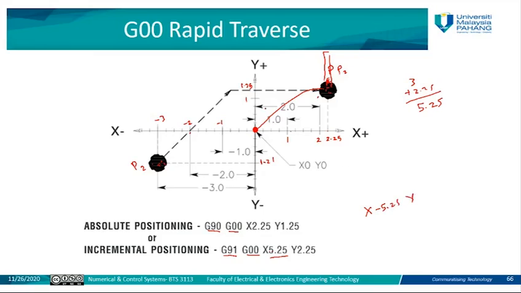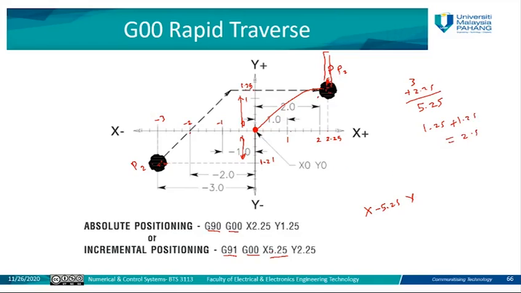For the y here, from the current point, which is 1.25 units here, and for this one it's also 1.25. So 1.25 plus 1.25 is equal to 2.5. So the y here will become 2.5.